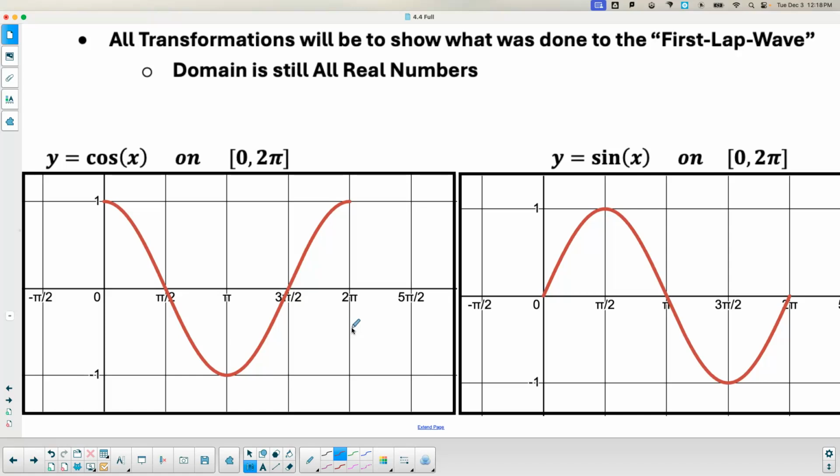Your graphs are always going to look like this, or they're going to be flipped over, because we'll teach you how to flip them over too. Questions so far?